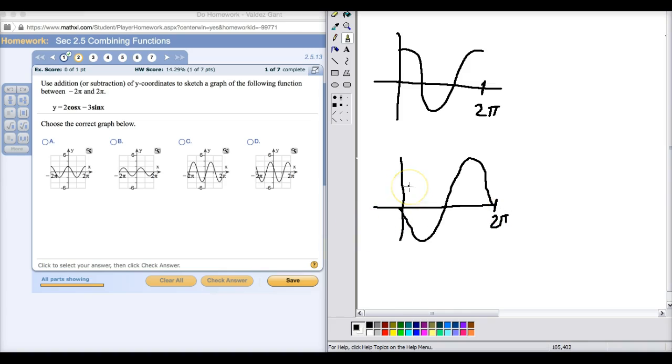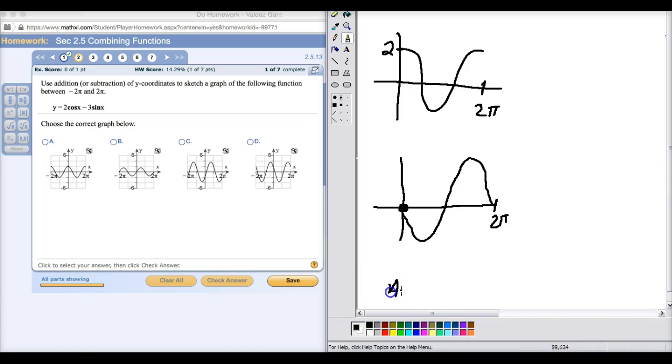And so if we did a combination of those two, the first thing that we would see is that our y-intercept would be at the point 0, 2. Okay? Because if we take y equals 0 and then y equals 2 added together, that would be at the point 0, 2. So any graph that does not have a y-intercept above the x-axis, we are going to eliminate as an answer choice.